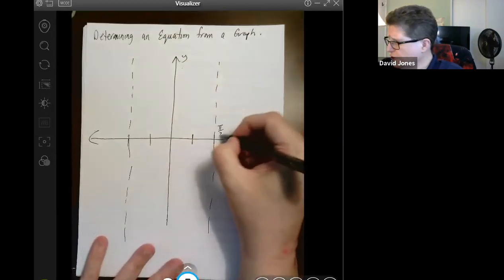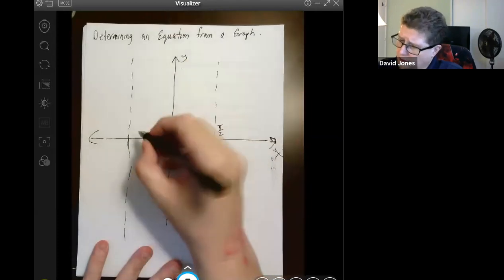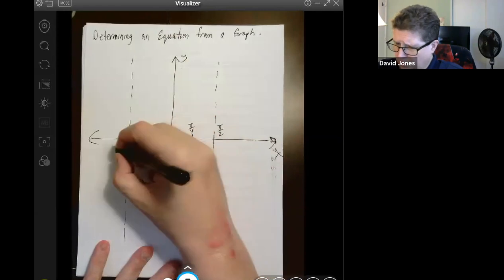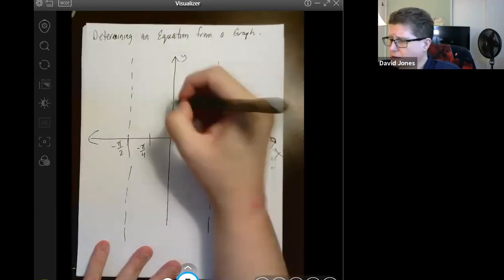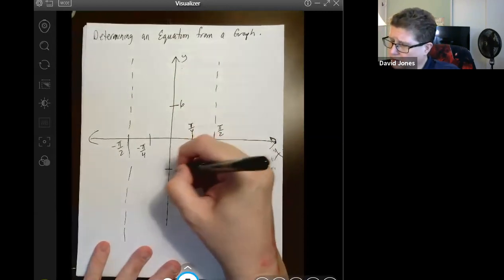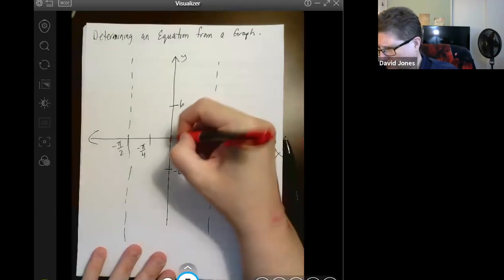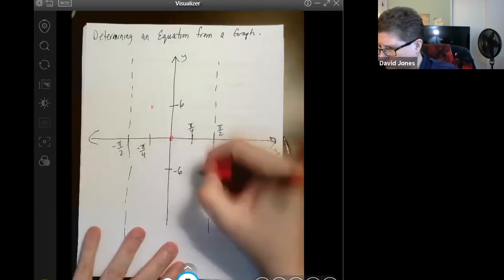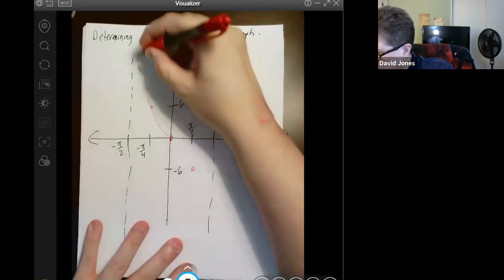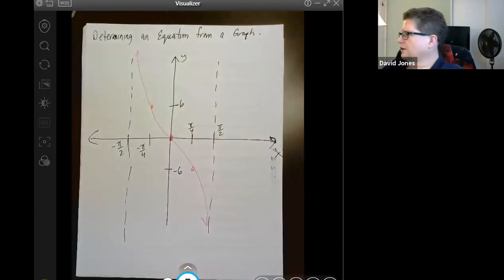This is pi over 2, pi over 4, negative pi over 4, negative pi over 2. So that's our graph.